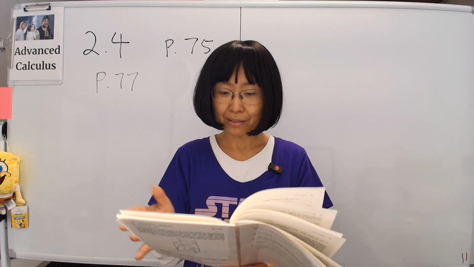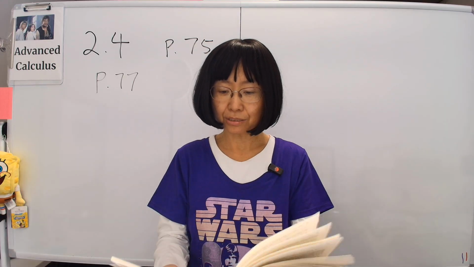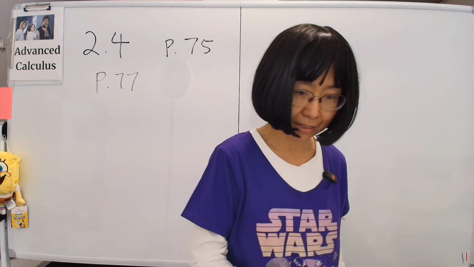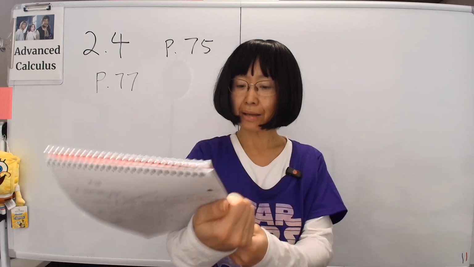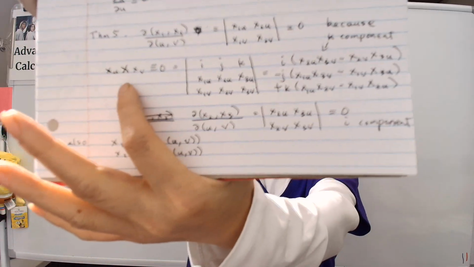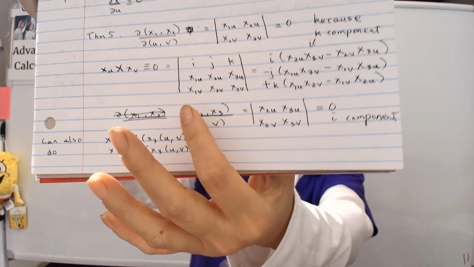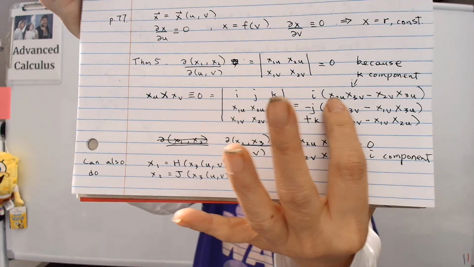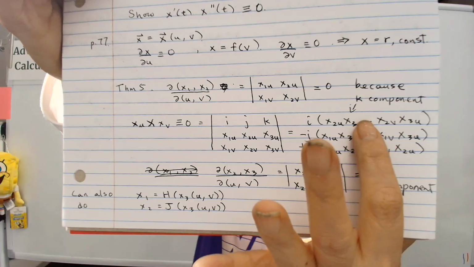Okay, so by hypothesis 1, the two Jacobians are going to be identically 0. Now I have it written down here. The Jacobians are 0 because of hypothesis 1, and you might wonder why that would be. Hypothesis 1 is this: the partial u and the partial v cross product is 0, which if you write it out, you get the ijk business, where each component, since the whole thing is identically 0, becomes 0.